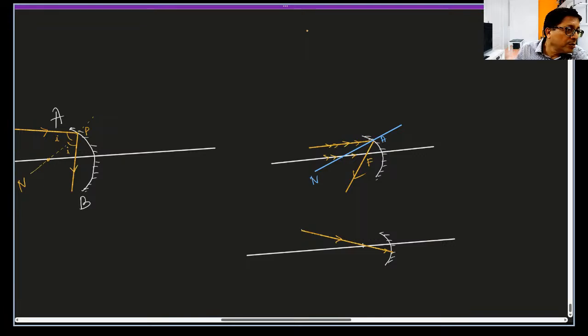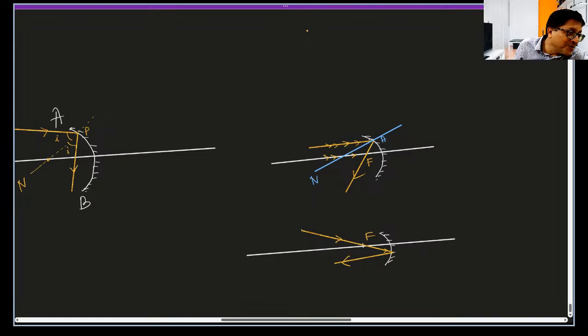How does it pass? It will pass parallel to the principal axis, just the opposite case. You send it parallel, it will pass through the focus. You send it through the focus, then it will be parallel to the principal axis.